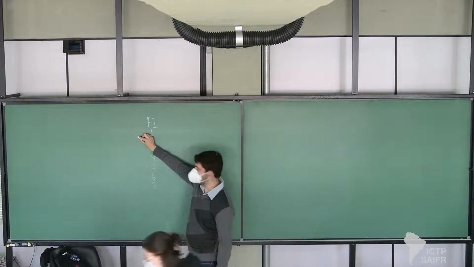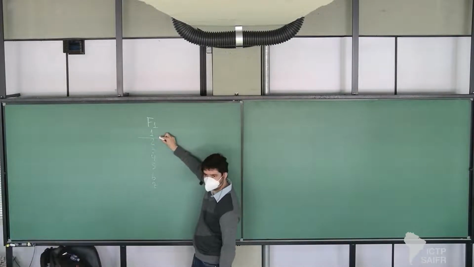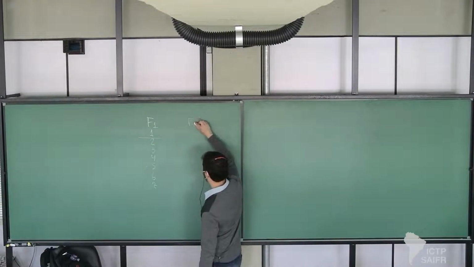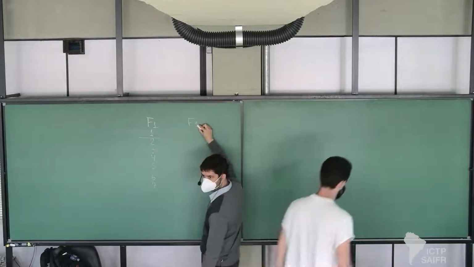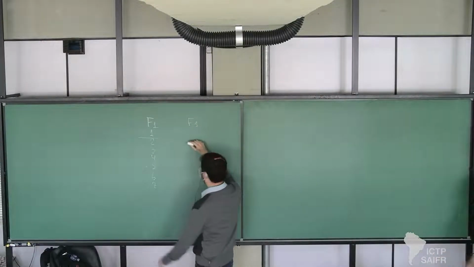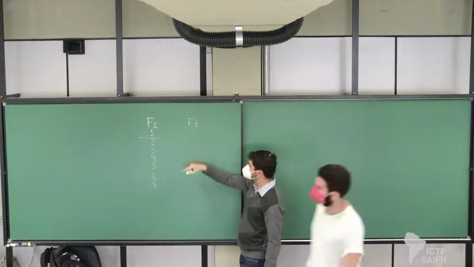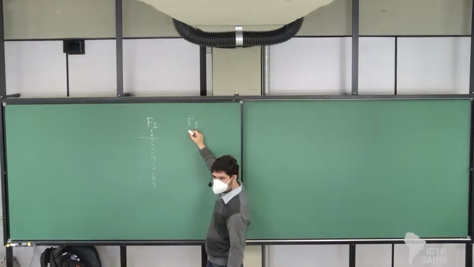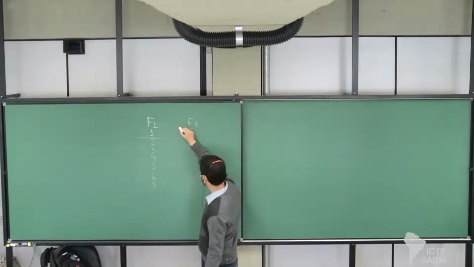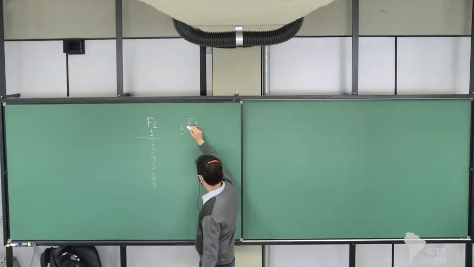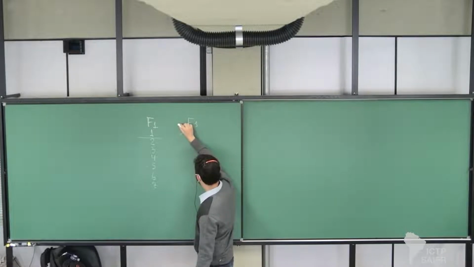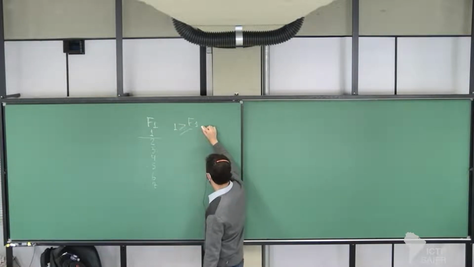First, I'm going to test if feature 1 is lower than 1 or higher than or equal to 1.